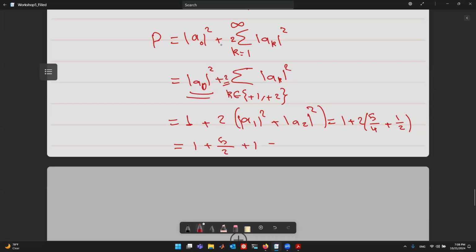So we combine them: 2 plus 5 halves, 2 is 4 halves, so 9 halves, which is just 4.5. So this is the power of the signal.